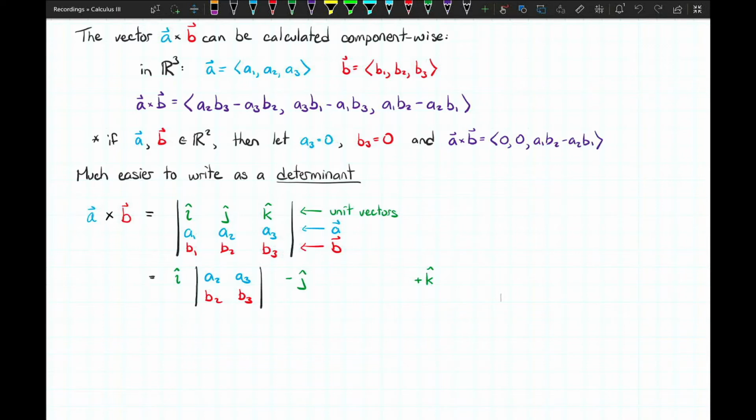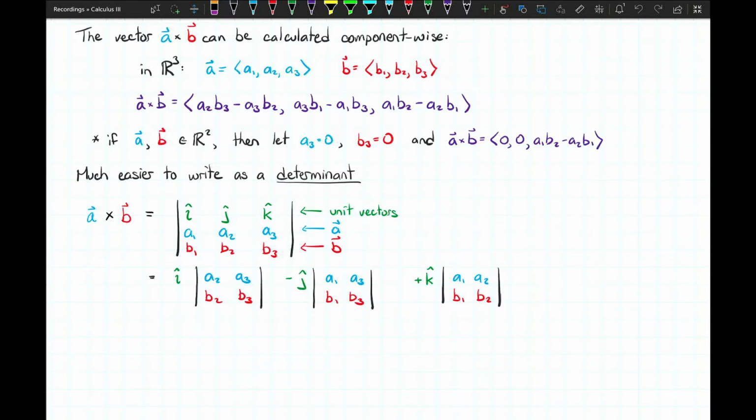Since j hat is in the first row and second column, we eliminate the first row, second column, write the entries that are remaining down, A1, A3, B1, B3, and calculate the determinant of that 2 by 2 matrix. And then, since k hat is in the first row, third column, we eliminate the first row, third column, and write the remaining entries down, A1, A2, B1, B2, and calculate the determinant of that 2 by 2 matrix.